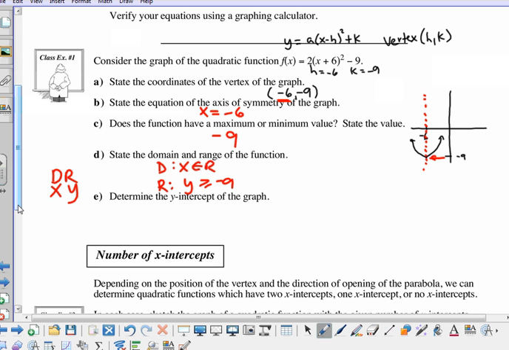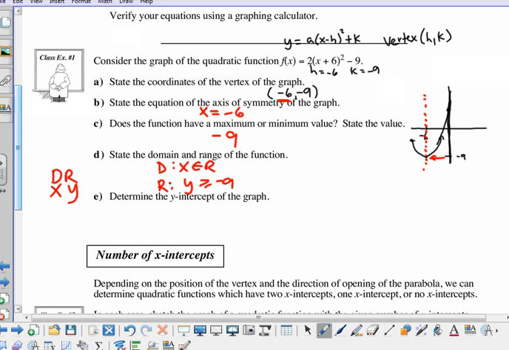So we kind of rushed through that part, so we'll go through it right now. The y-intercept is always your constant if it's in general form. This is not general form, so you'd have to figure it out. When you cross the y-axis, which one's 0, x or y? X. X is 0 at the y-intercept.